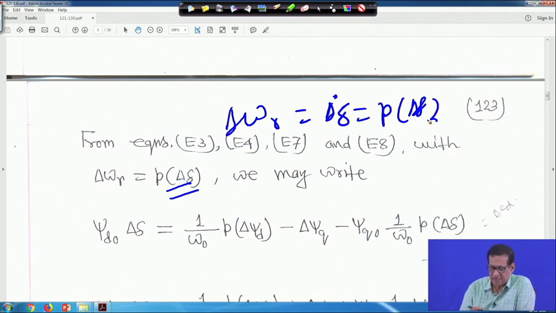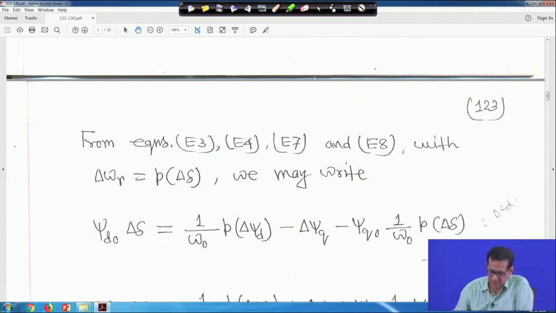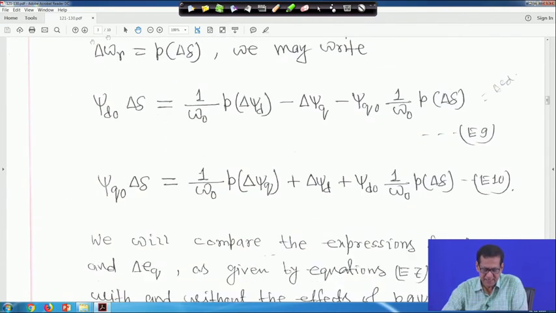So from equations E 3, E 4, E 7 and E 8, you substitute delta omega r. If you do so, then psi d 0 delta will become 1 upon omega 0 p delta psi d minus delta psi q minus psi q 0 1 upon omega 0 p delta. This is equation E 9, right.